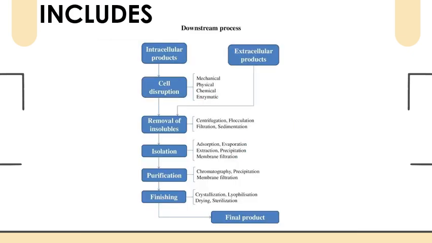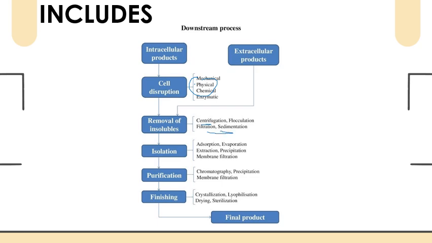All right. So as you can see here, your downstream process is actually involving many steps, including the mechanical, physical, chemical, and enzymatic methods of disrupting the cells. We have the removal of the insolubles like centrifugation, flocculation, filtration, and sedimentation.